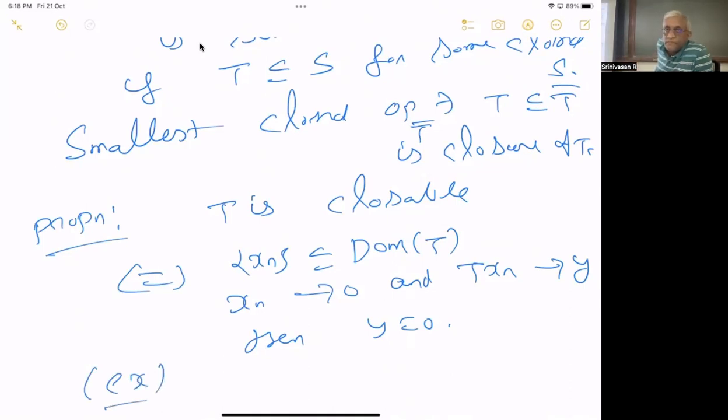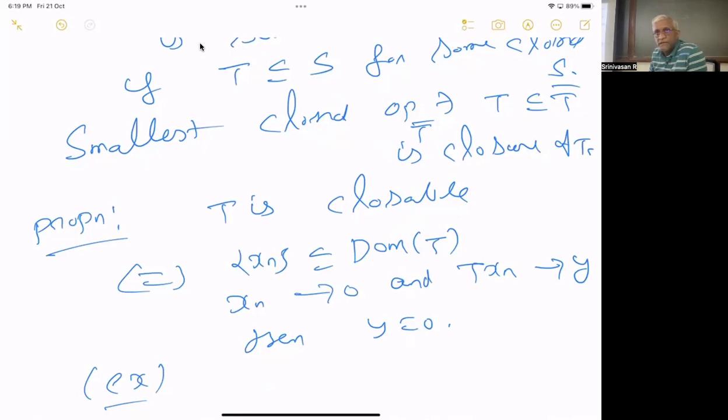Can we think of it in some way that T restricted to the domain is a bounded operator? No. T restricted to which T? The T which is a closable operator. It is defined only on the domain of T. Is it bounded there because it is continuous at 0?